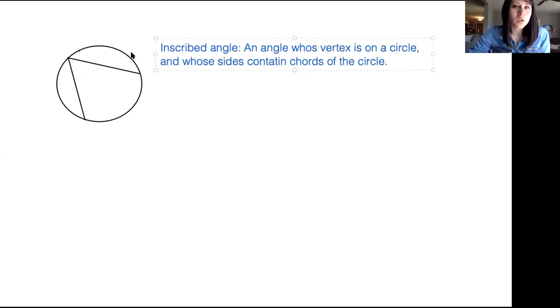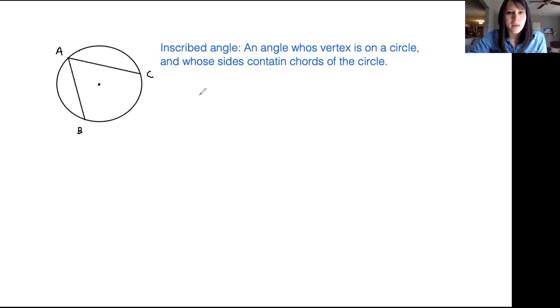Okay. So, something that's kind of interesting about inscribed angles, if I named this A, B, C, here's my center, is that an inscribed angle is actually always half of its intercepted arc. So that means angle A is half of arc BC.